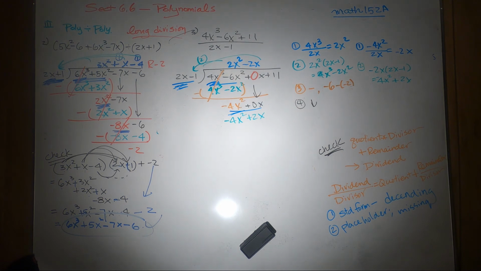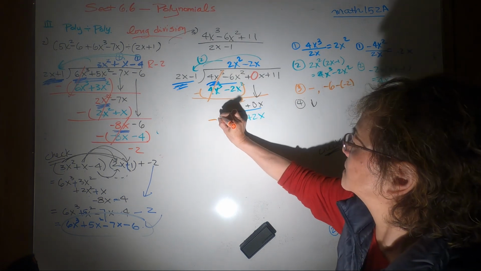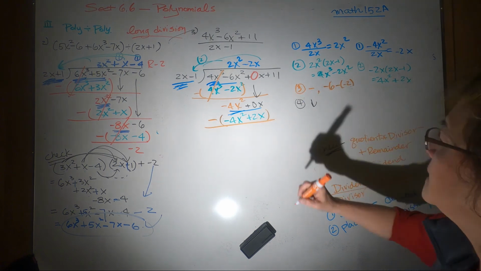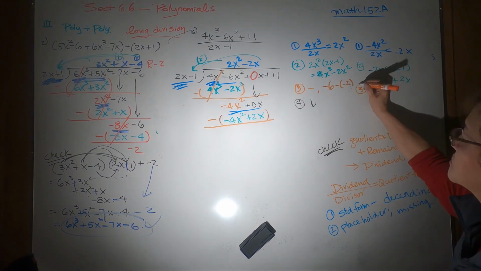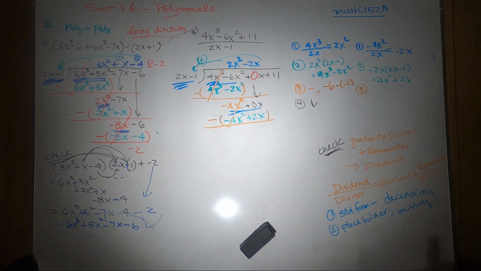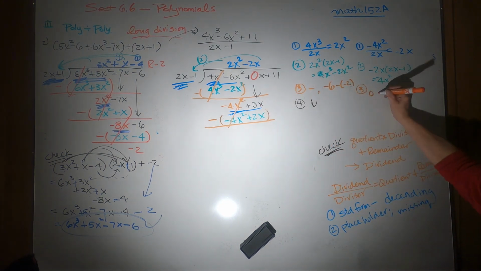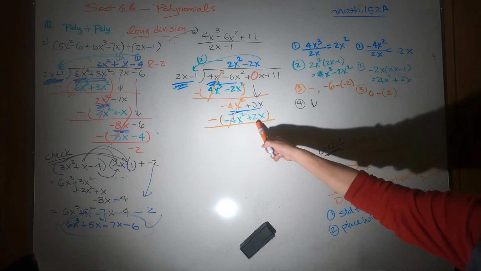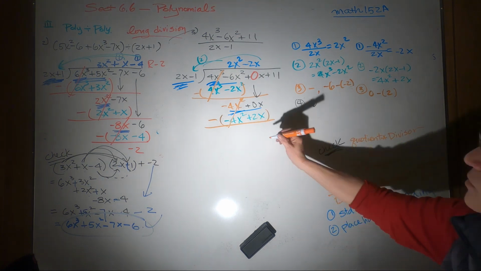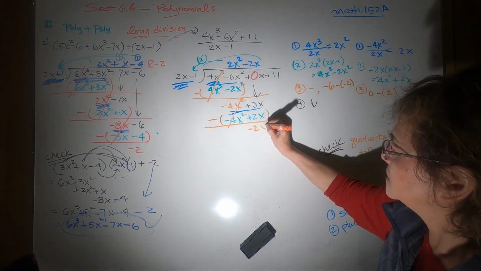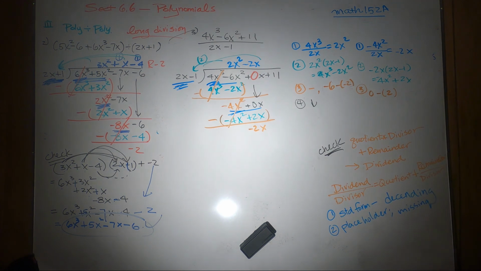Then the next step is subtract. You cancel out the first terms. For the next one, be careful, you have 0 minus 2 here. That would be negative 2x.